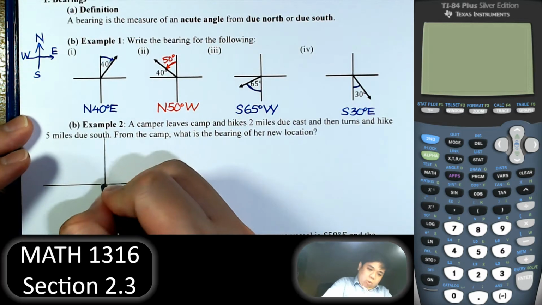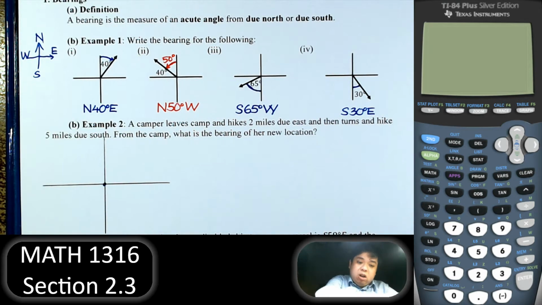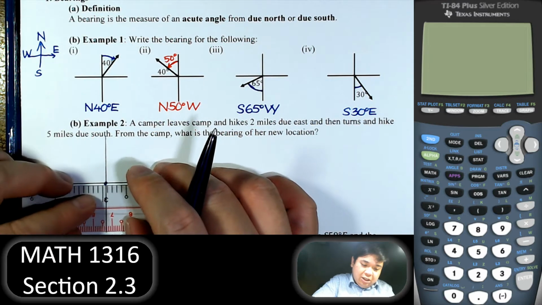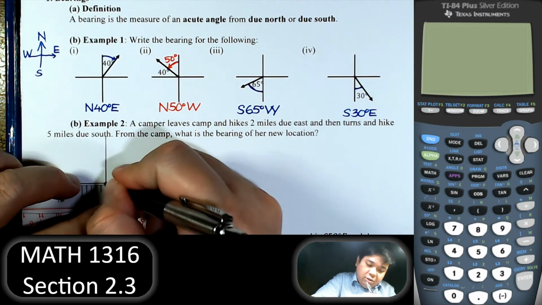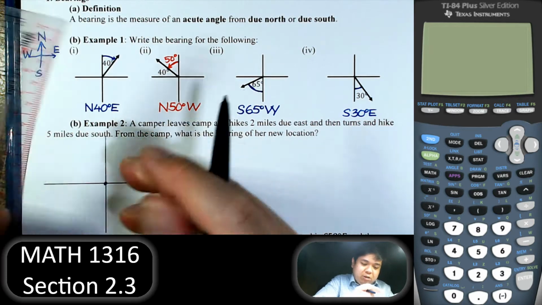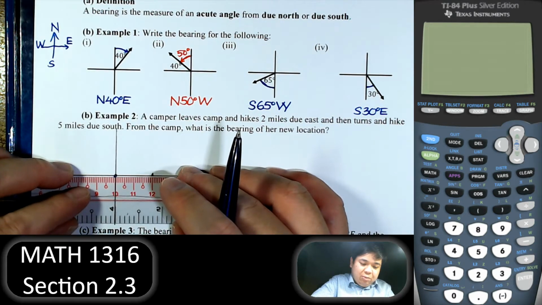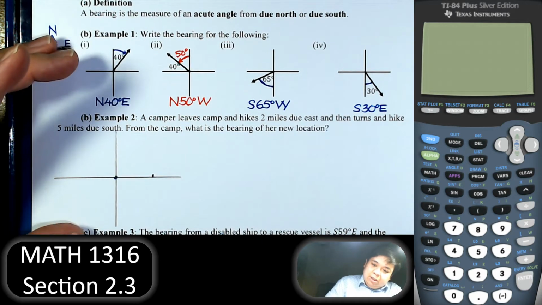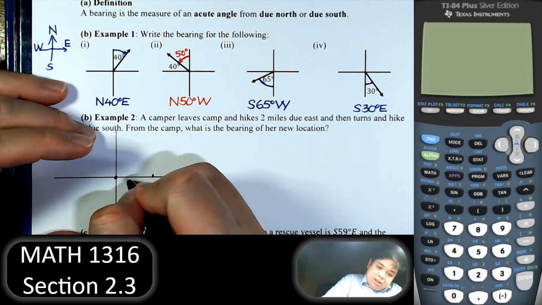This is where the camper starts the hiking. 2 miles due east is on the right. Say 2 miles, just this much, about 2 centimeters. 2 miles due east.